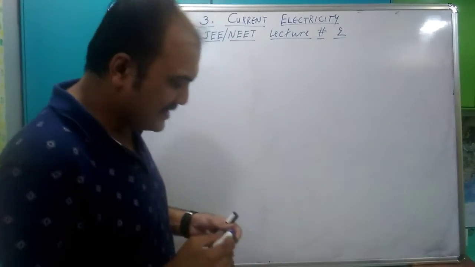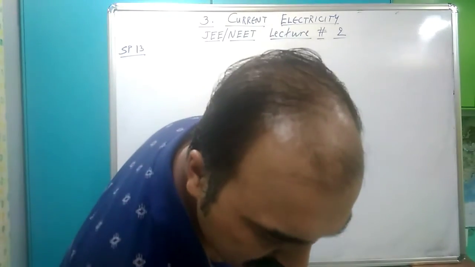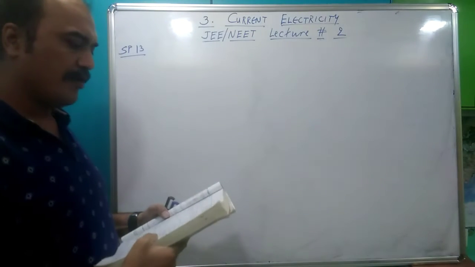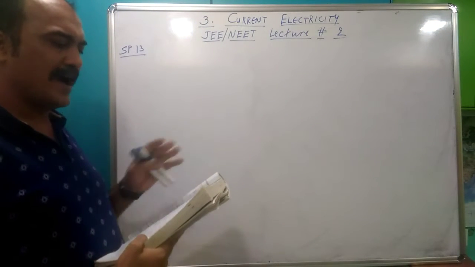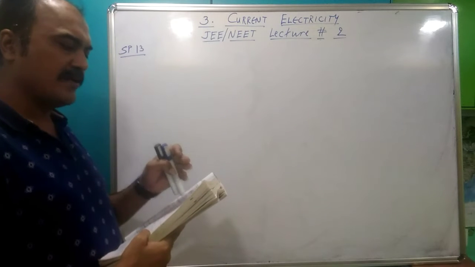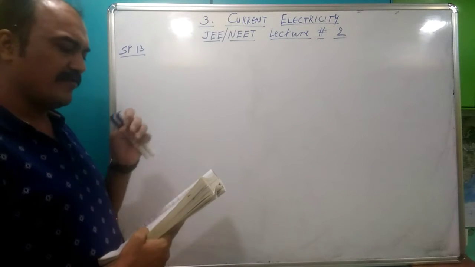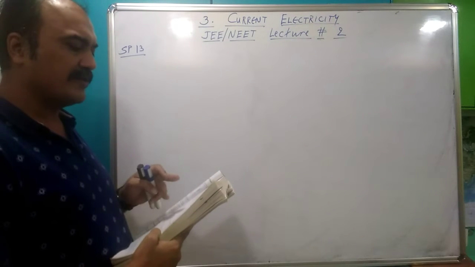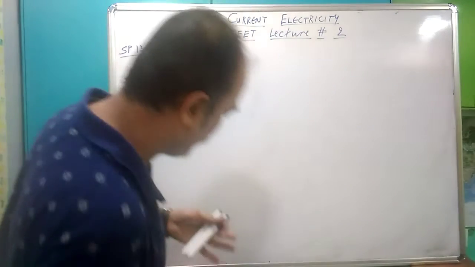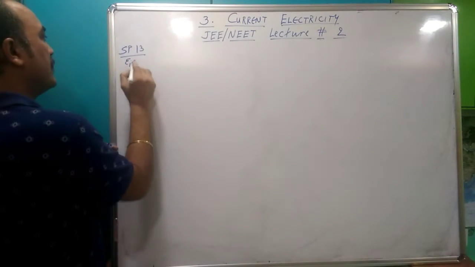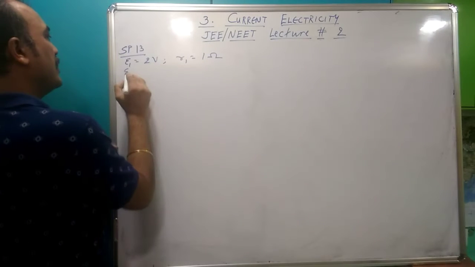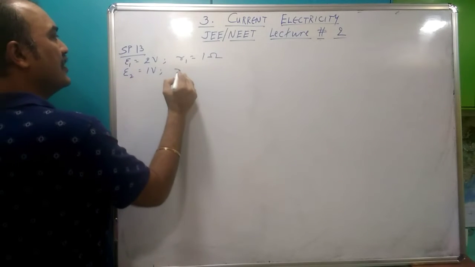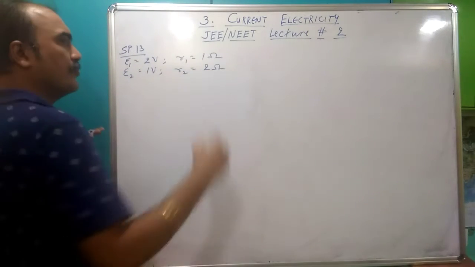Yes, 13. It says two cells of EMFs 2 volt and 1 volt and of internal resistances 1 ohm and 2 ohm. So 2 volt ka EMF has 1 ohm and 1 volt ka EMF wala has 2 ohm, have their positive terminals connected. Let me write this much down. Epsilon 1 is 2 volt, internal resistance R1 is 1 ohm, epsilon 2 is 1 volt and internal resistance R2 is 2 ohm.